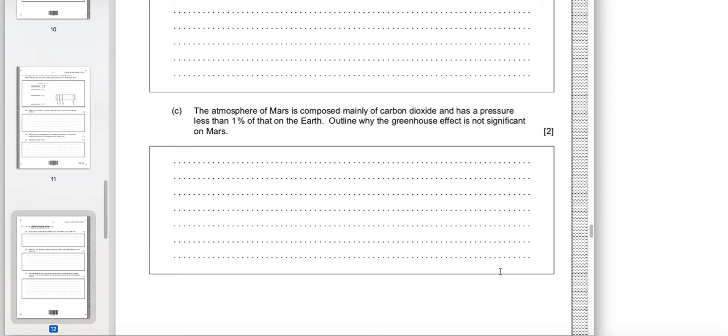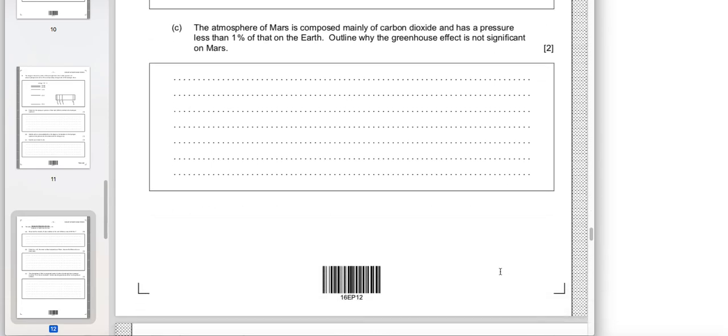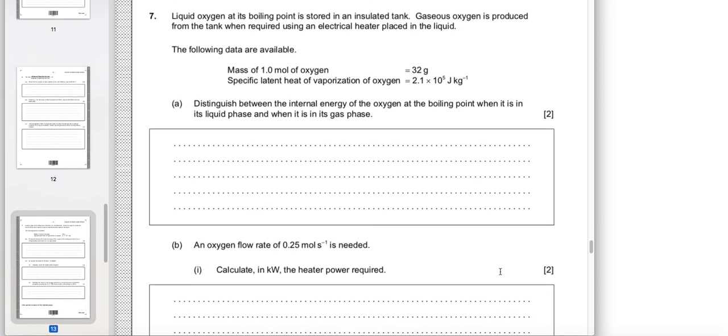Small pressure means that we have a small mass of atmosphere, which means there is a very small number of carbon dioxide molecules in the Mars atmosphere, so we have a very small amount of greenhouse gas. So this is why.